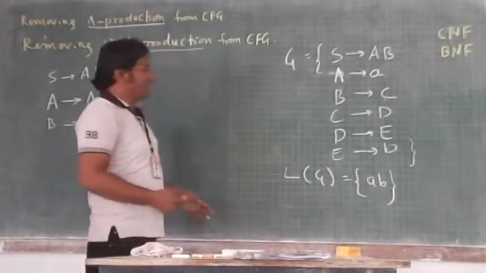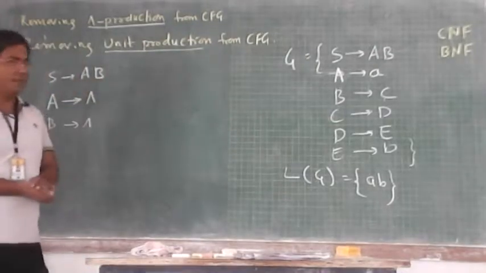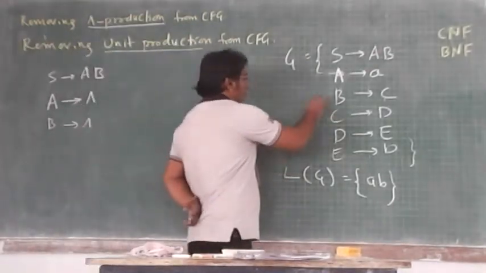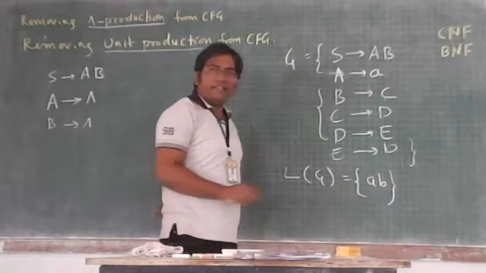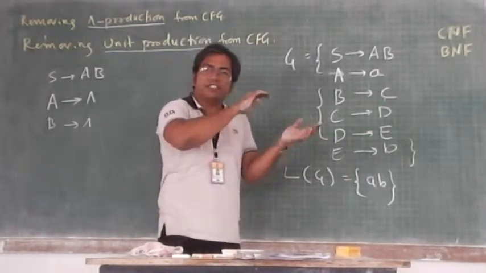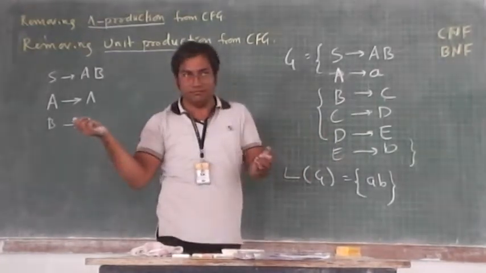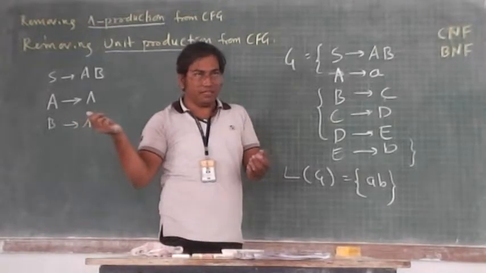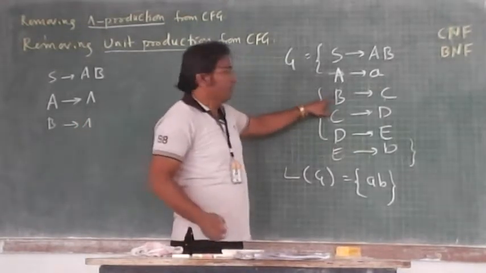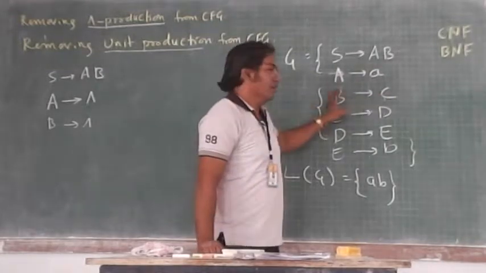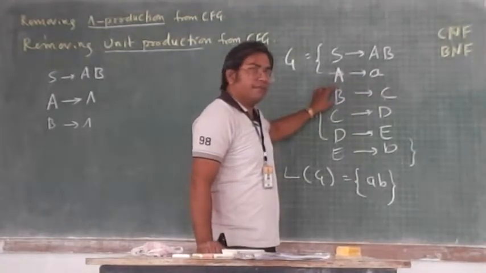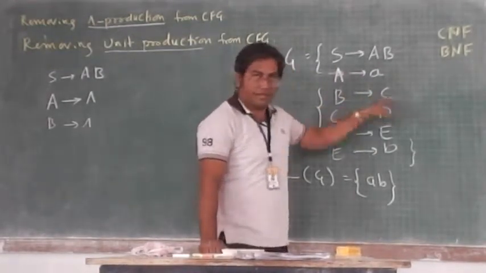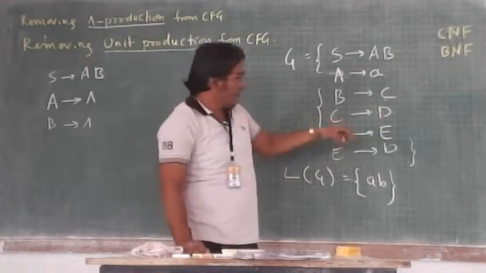Do you see that there are various productions which are not doing any kind of derivation? They are replacing one variable by another variable. Otherwise there is no significance of this. For example, this production B implies C, B variable is being replaced by C. Nothing we get in the derivation.